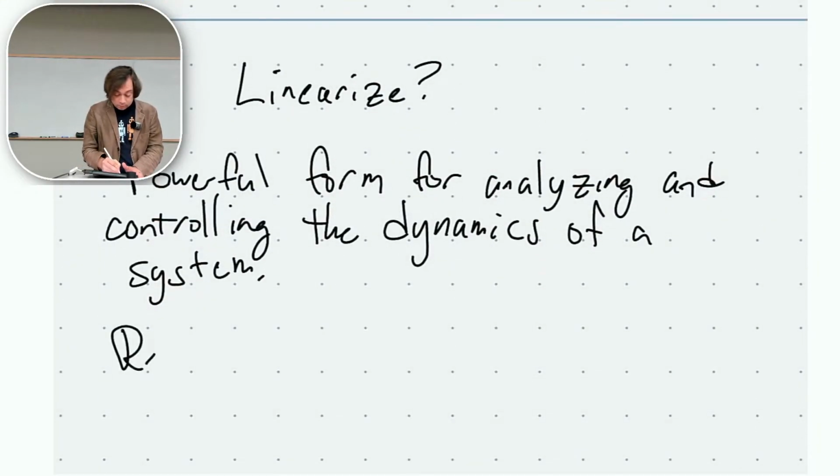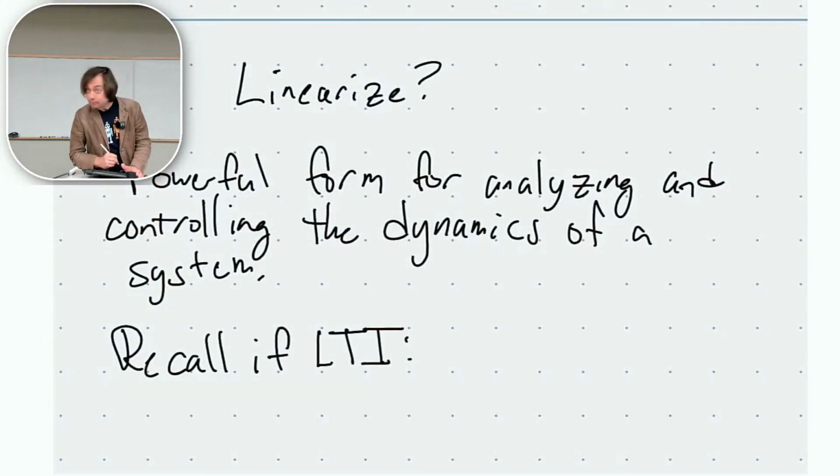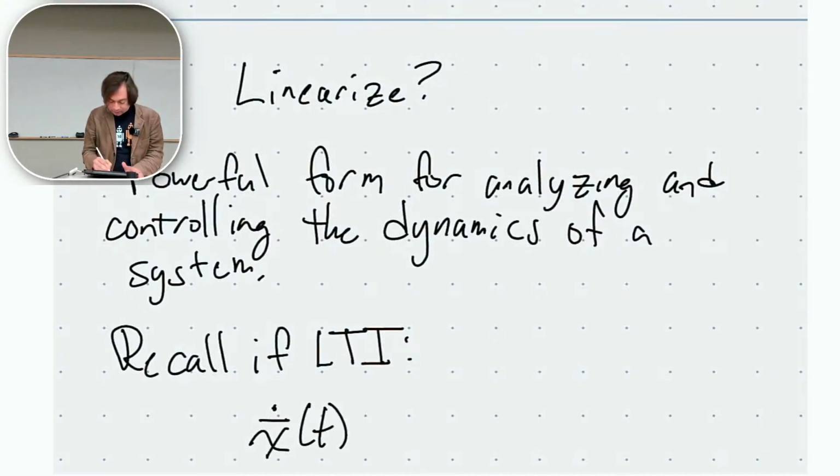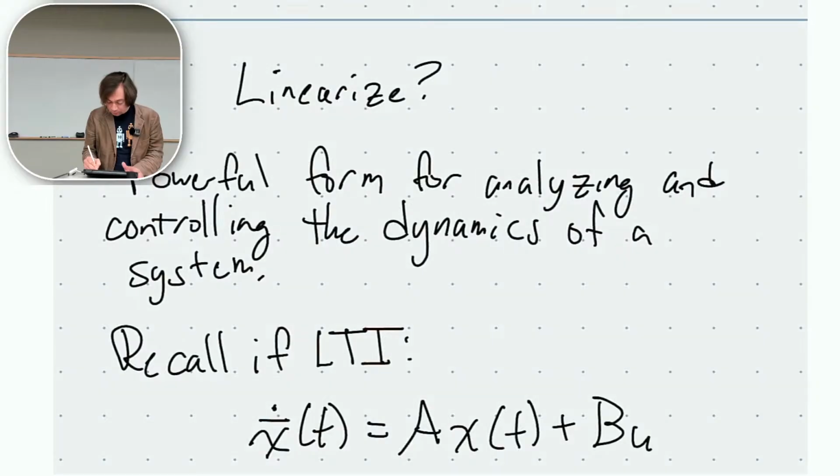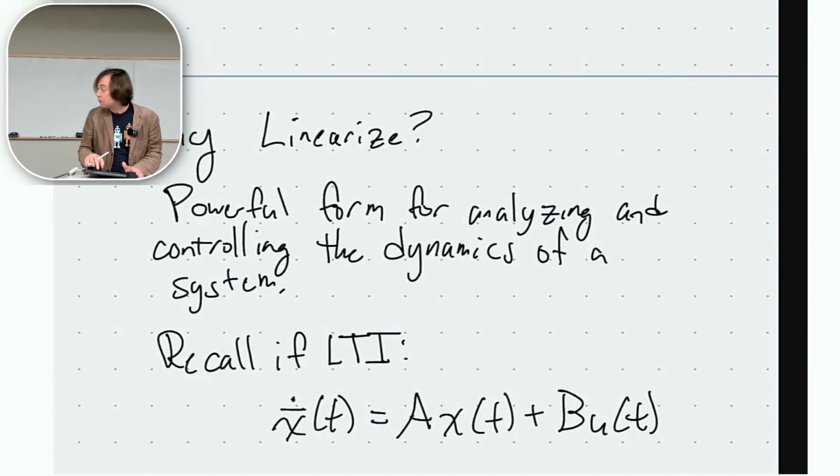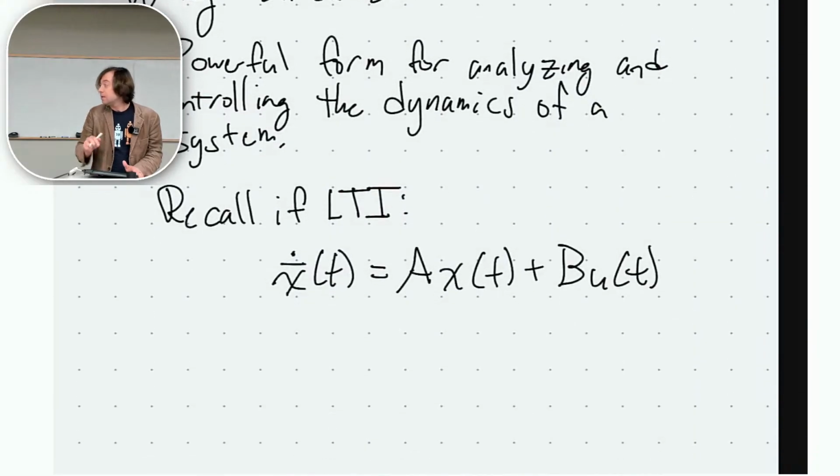Recall that once your dynamics are linear or linear time invariant, or LTI, we could put them in this form of x dot of t is equal to A x of t plus B u of t. Okay. Why linearize?